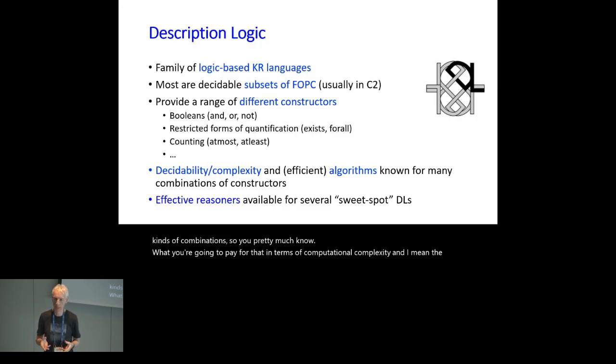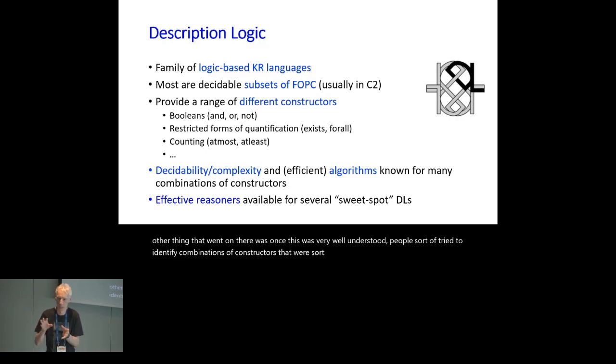And the other thing that went on there was once this was very well understood, people tried to identify combinations of constructors that hit some sort of sweet spot, and for which very effective reasoners could be built. And I guess in this community, this OWL-EL language, which comes from a description logic that was called EL, is based on that. This is an example of a case in point where people found that combination of constructors, explored how they could extend it to a point where reasoning was still polynomial and you could still build these very effective reasoners.